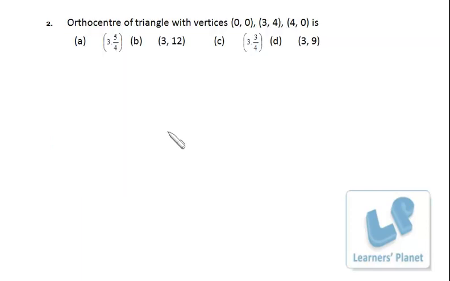Orthocenter of a triangle with these vertices. Though we have already done these sort of problems, one more method I would like to discuss over here. Just draw a simple figure. Now 0, 0 and 4, 0 will be there on the x-axis, and then we have a triangle like this.